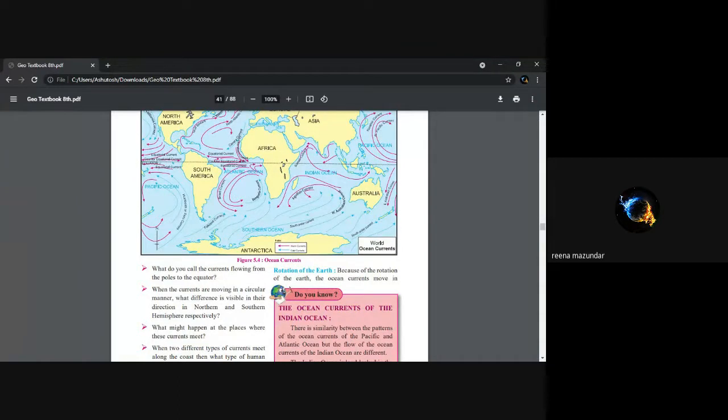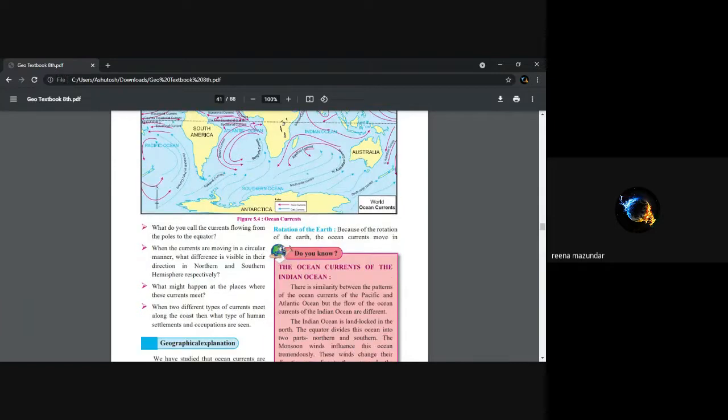So on that day with the diagram I showed how these currents come out, how these currents flow. The pink ones are the warm currents and the blue ones are the cold currents. So rotation of the earth reflects these currents.